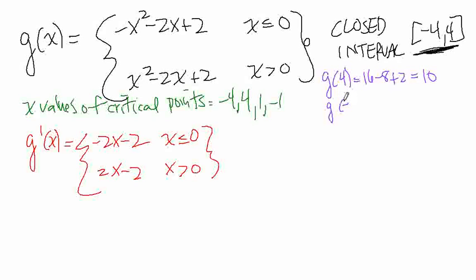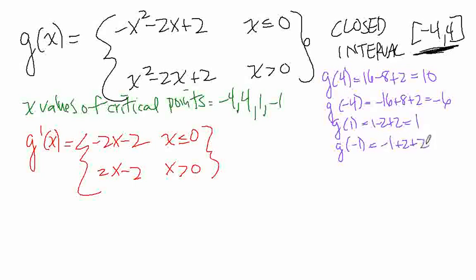G of minus 4 is minus 16 plus 8 plus 2, which is minus 6. G of 1 is 1 minus 2 plus 2, which is 1. G of minus 1 is minus 1 plus 2 plus 2, which is 3.